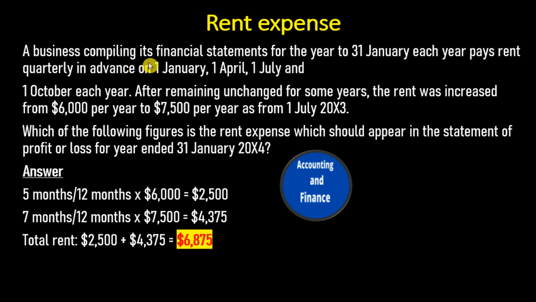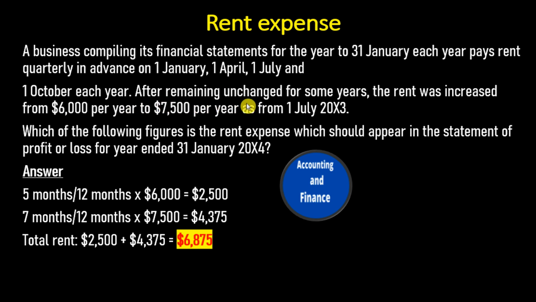A business compiling its financial statements for the year to 31 January each year pays rent quarterly in advance on 1 January, 1 April, 1 July, and 1 October each year.